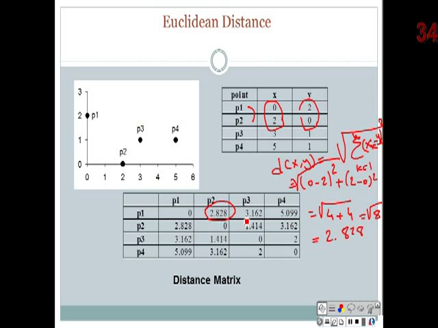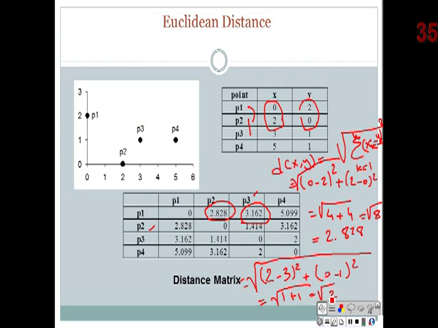Okay, in this case the other number here, the same, it's between P2 and P3. So what you do, 2 minus 3, we take the square, plus, so 2 and 3, 0 and 1, (0 minus 1) squared, and this is the square root, and this is equal to the square root of 1 plus 1, the square root of 2, which is equal to 1.414, which is this one here.